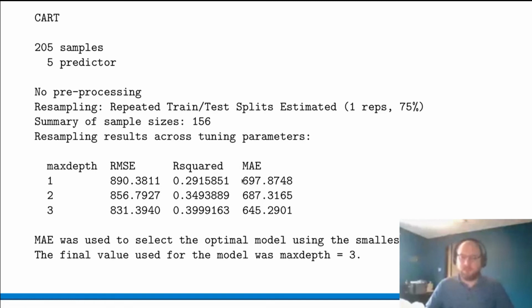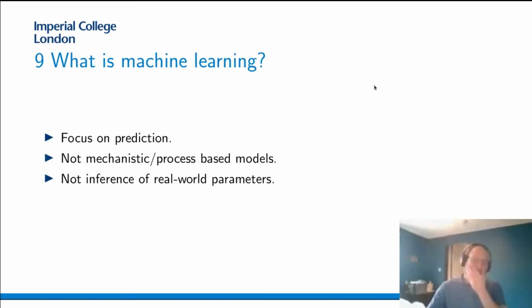The mean absolute error when max depth was 1 was 697 days. So on average, we were wrong by 697 days, but that can be improved a little bit depending on how this tuning parameter is set. We used MAE to select the optimal model, and the best model was this max depth of 3.